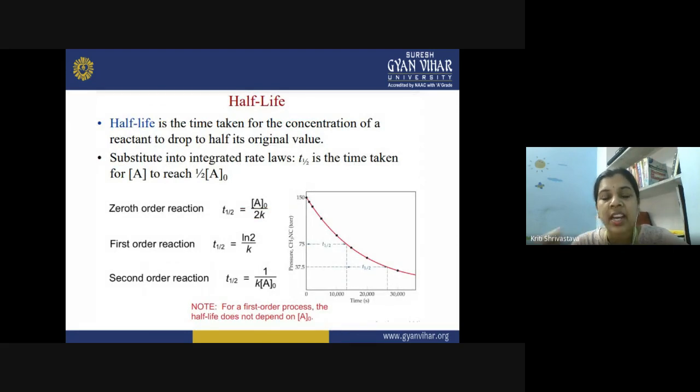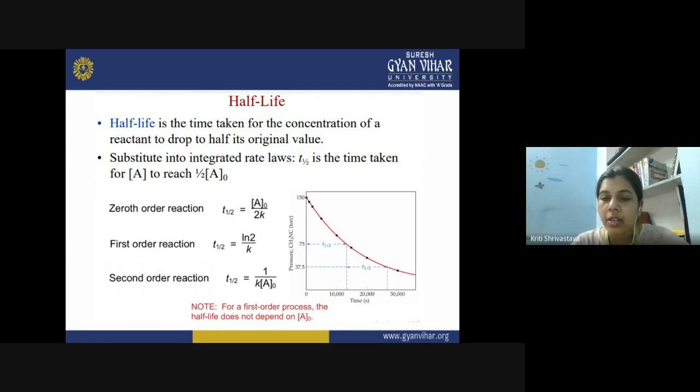So, when we are talking about a chemical reaction, what is the half life of a chemical reaction? It is actually the time taken for the concentration of a reactant to drop to half its original value. When we are measuring the rate of the chemical reaction, basically we are measuring the decreasing concentration of the reactant and the increasing concentration of the product.